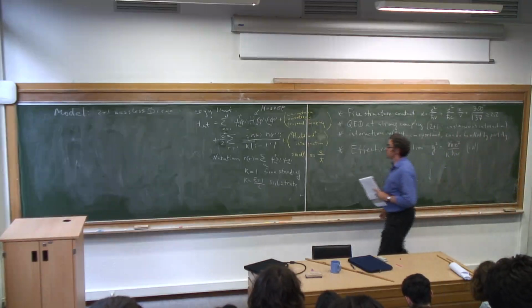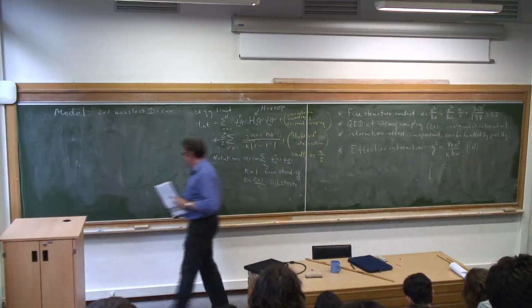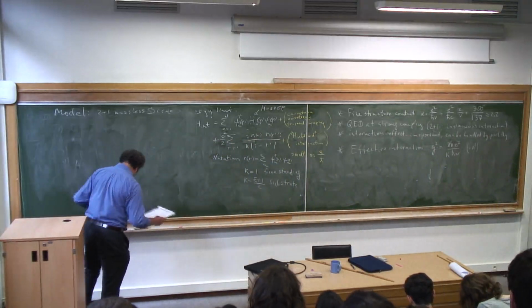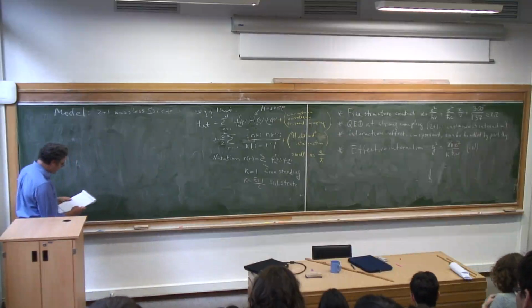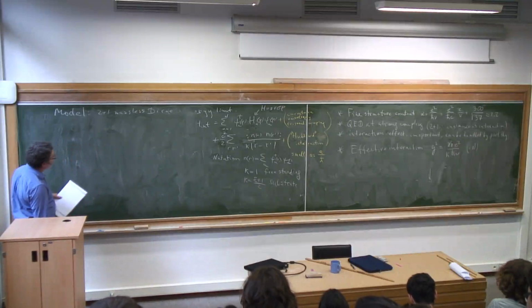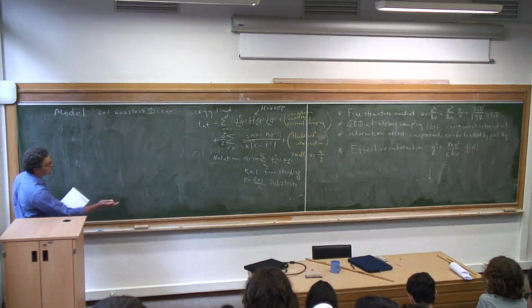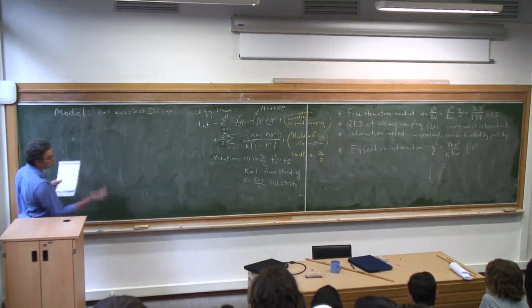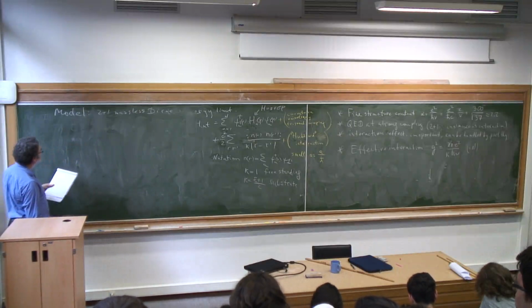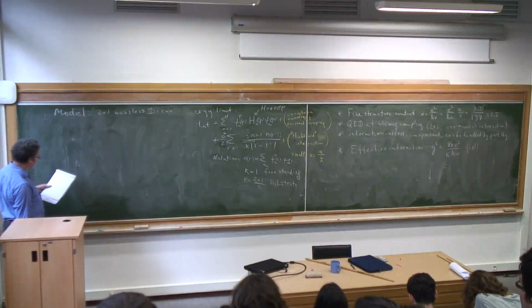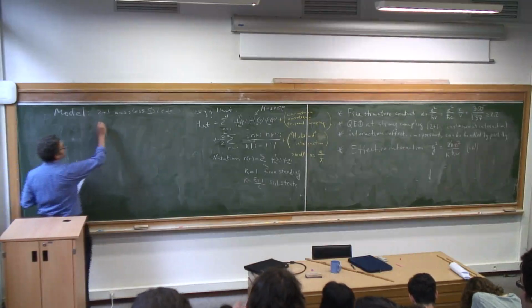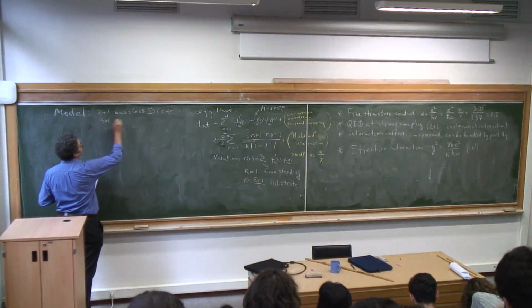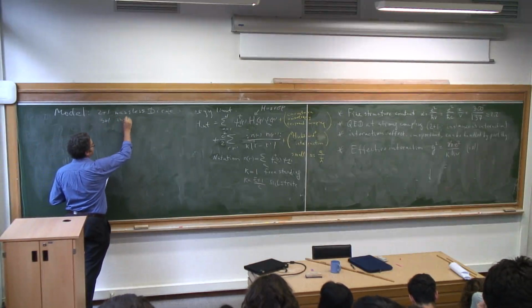Right? But we'll get there. So because of what we said, it's tempting to put everything in a QED-like form. Take 2 plus 1 massless Dirac fermions with 3 plus 1 dimensional instantaneous interactions.